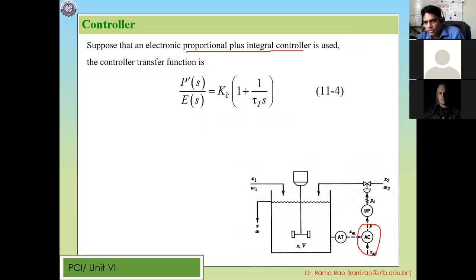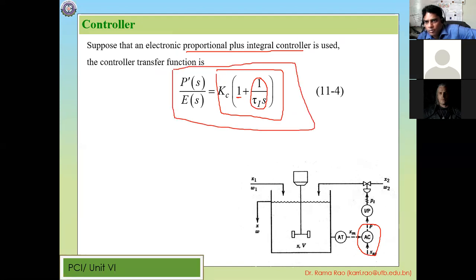What is the transfer function for a proportional integral controller? We already got that. It is nothing but Kc times (1 plus 1 by tau I s). The first term is proportional, and this whole thing is your integral term. So this is the transfer function for the PI controller. We also covered this in the previous unit, so we are just putting everything together.